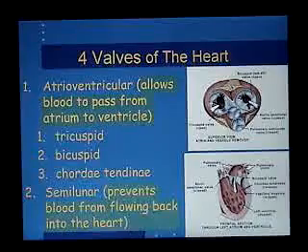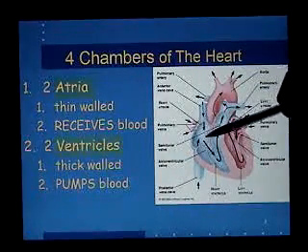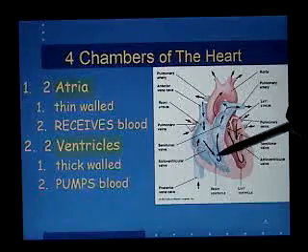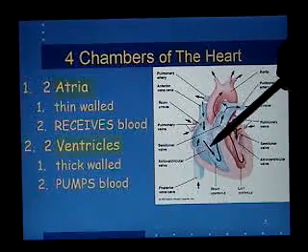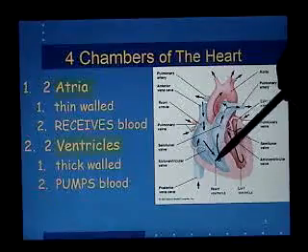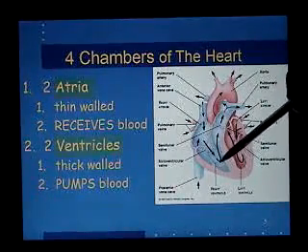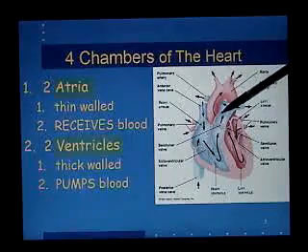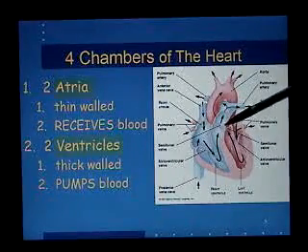It makes sure that the blood moves. If we go back here, the blood moves from the atrium to the ventricle, and that's the only direction that it's going to move. So this is your AV valve, your atrioventricular valve. And when the ventricle contracts to pump blood, your body needs to make sure that that blood moves in this direction.